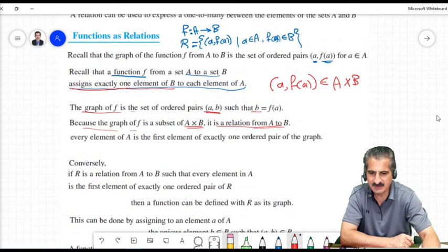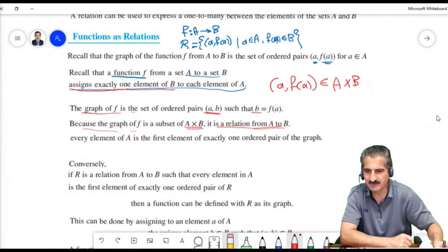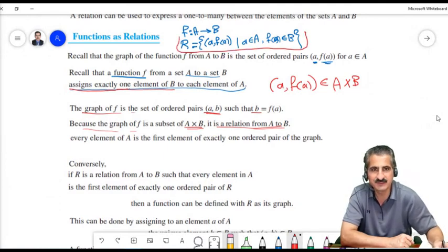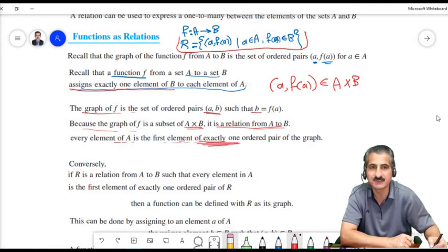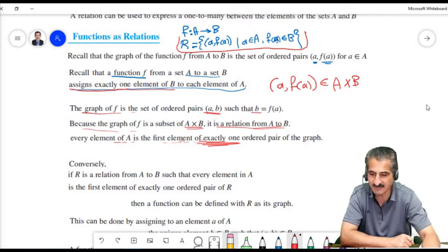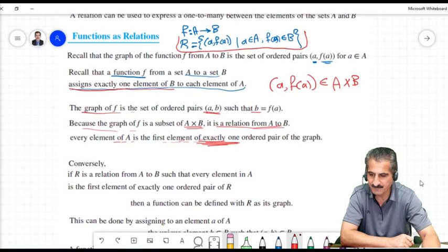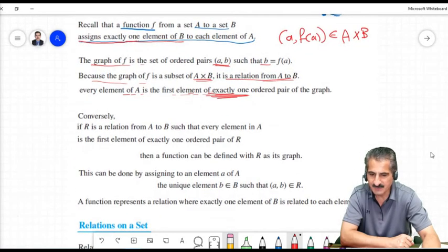This is just explaining what I wrote here as a relation. So we define a relation in this way. Every element in A is the first element of exactly one ordered pair. So a function gives a relation.